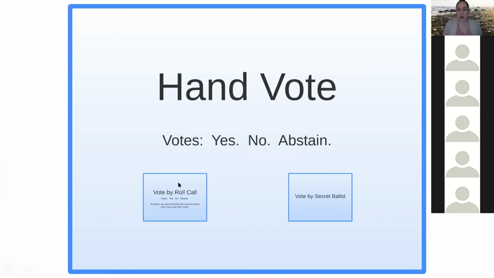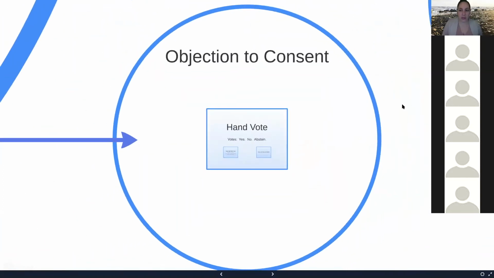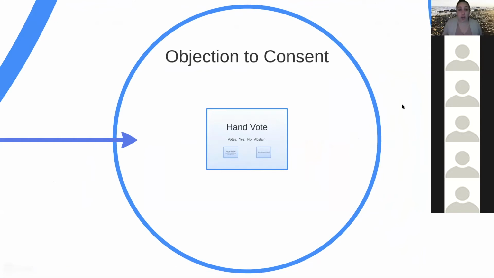And so between her, I, and the chair, we collected all of the slips, we collected the box, and then the three of us each counted the votes. And so in that instance, your name would not be associated with your vote. It's done by secret, as the name indicates. And so just to circle back, as a reminder, an objection to consent is a no vote.